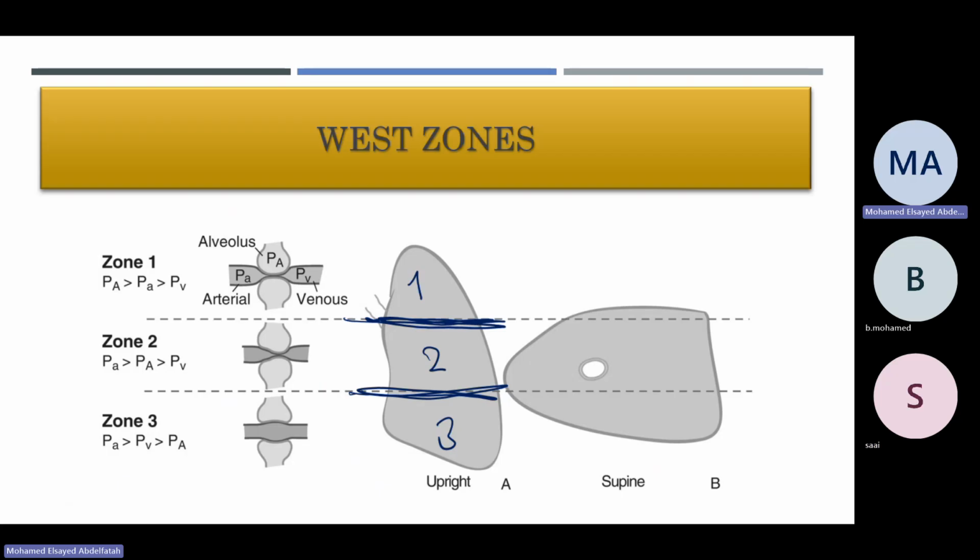And in each zone we compare the alveolar pressure, the arterial pressure, and the venous pressure.